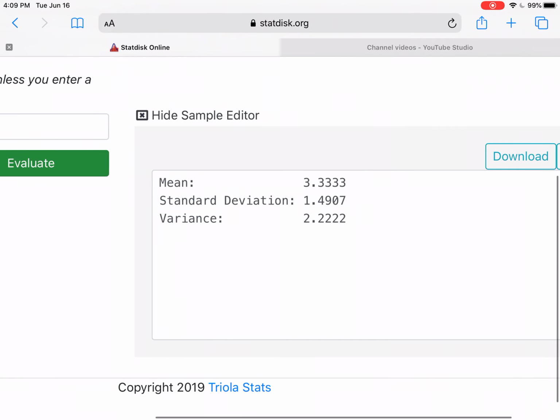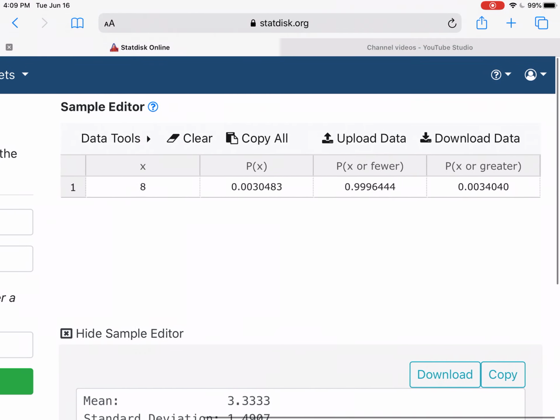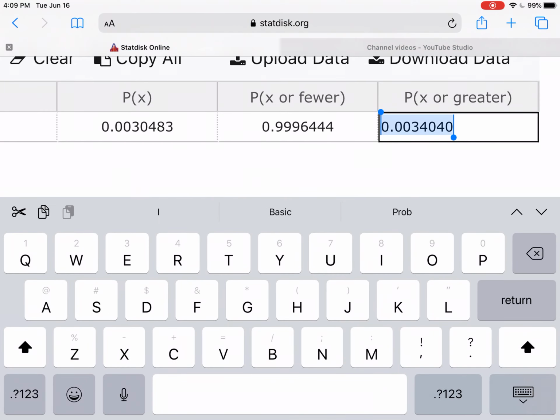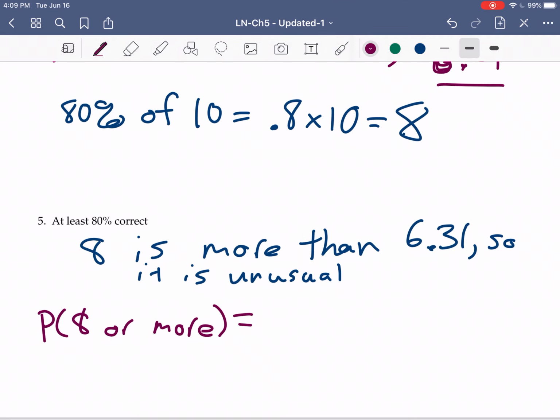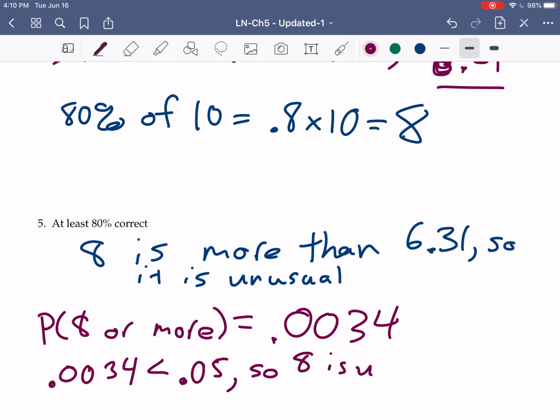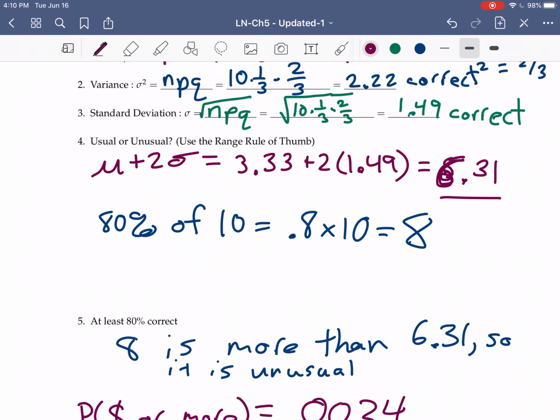When we evaluate that, the probability of 8 or greater is right here: 0.0034. Since 0.0034 is less than 0.05, 8 is unusually high. So, yes, it would be strange to pass this test if you're just guessing on all of them.